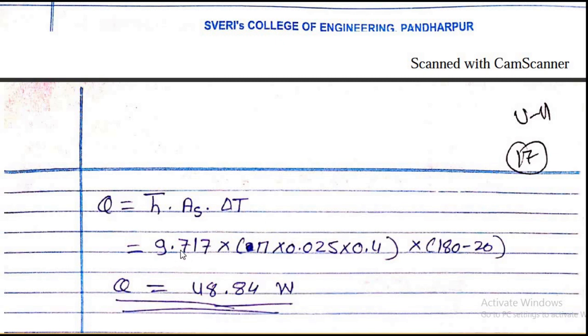The h bar value we have calculated as 9.717, multiplied by the surface area of the cylinder, pi d l, where d is the diameter and l is the length. So pi multiplied by diameter 0.025 multiplied by length 0.4, multiplied by the temperature difference between the surface of the cylinder and the fluid flowing through it, that is 180 minus 20. So the heat loss by the cylinder will be Q equal to 48.84.